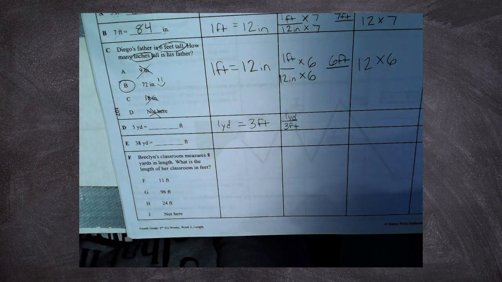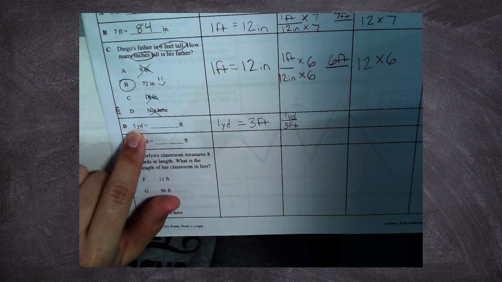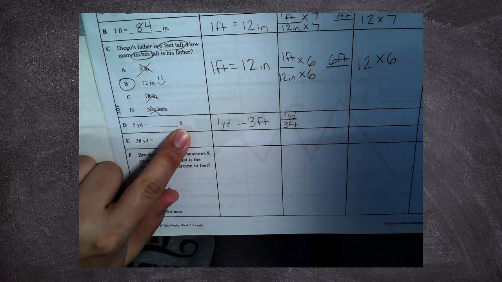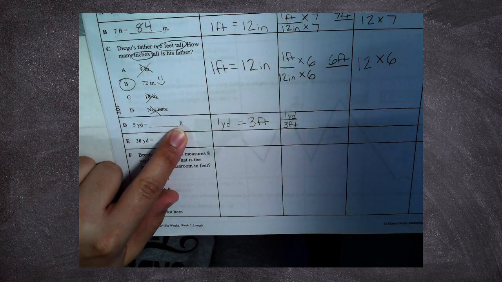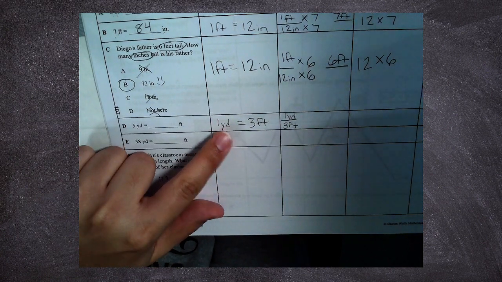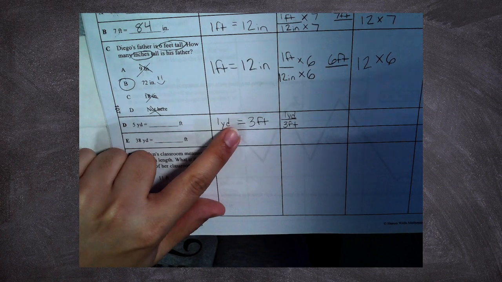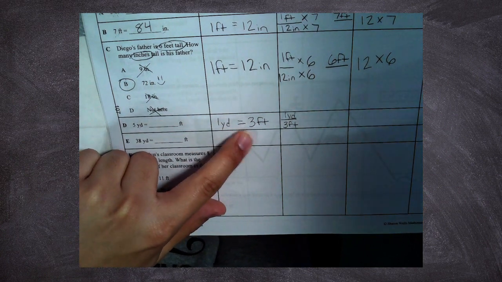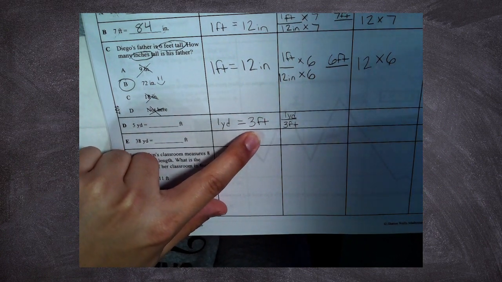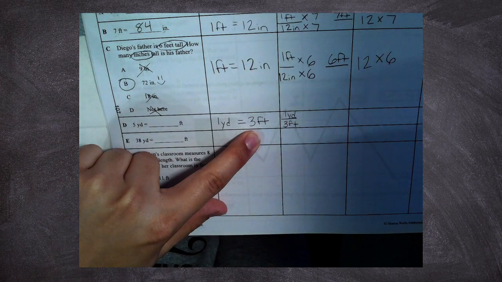Since my question is asking me about yards, feet, I need to find the equivalent measure for yards, feet. If I look on that chart, it tells me that 1 yard is the same as 3 feet. So that's where I got the 3 from. I got it from that math chart.